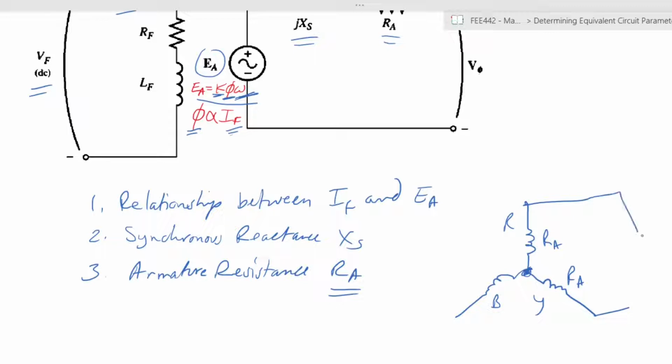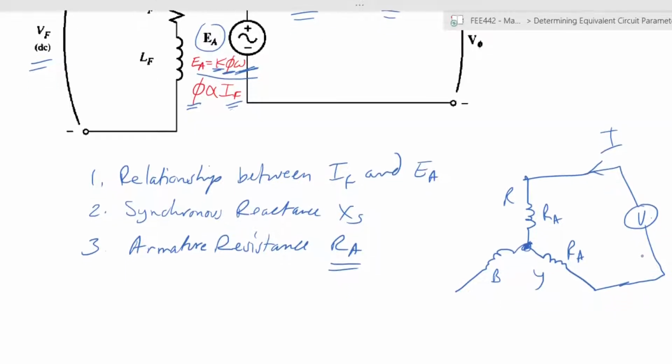If you have a voltage supply, and you know the current that is flowing through and the voltage that you have supplied, it would be fairly straightforward to say that 2RA, because you have connected two of them together, is equal to voltage over the current. Whatever voltage you put in as a test voltage will give you the current that you can measure using, say, an ammeter.